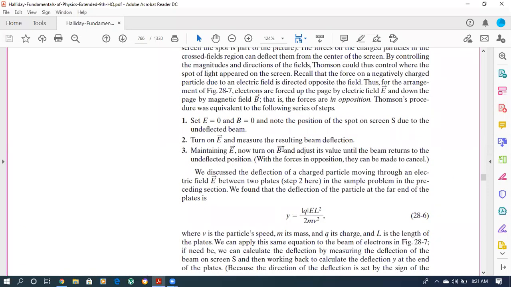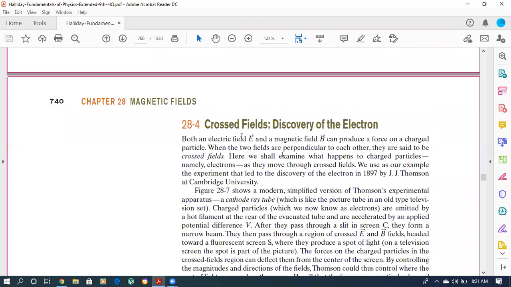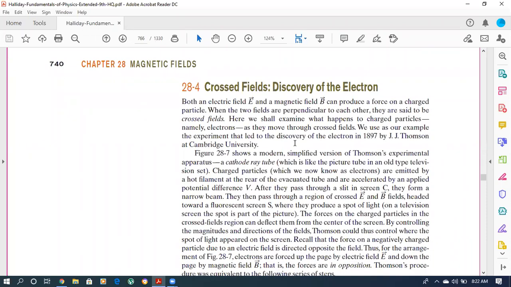When we apply crossed fields, what is meant by crossed fields? Crossed fields means we are applying electric and magnetic fields in such a way that they cross each other. What is the result when we apply them in such a pattern, and why are we doing this?